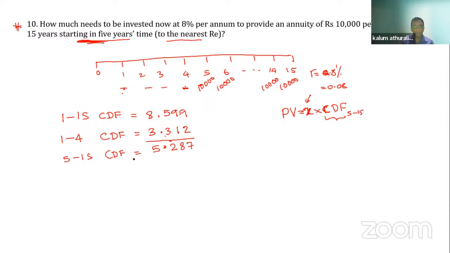Right. Then, how to find the present value? PV equals X, which is 10,000, times 5.287, which gives 52,870.